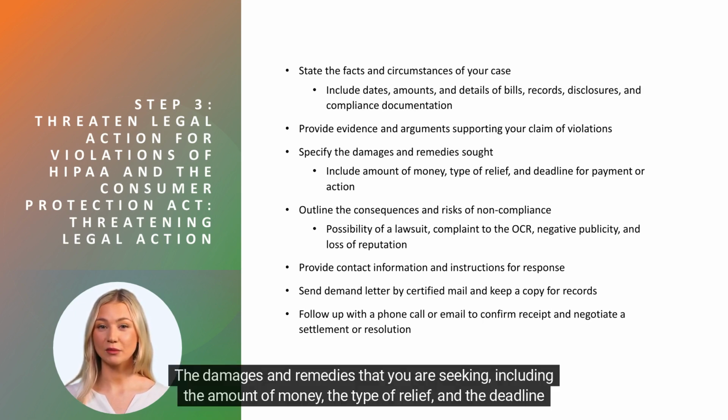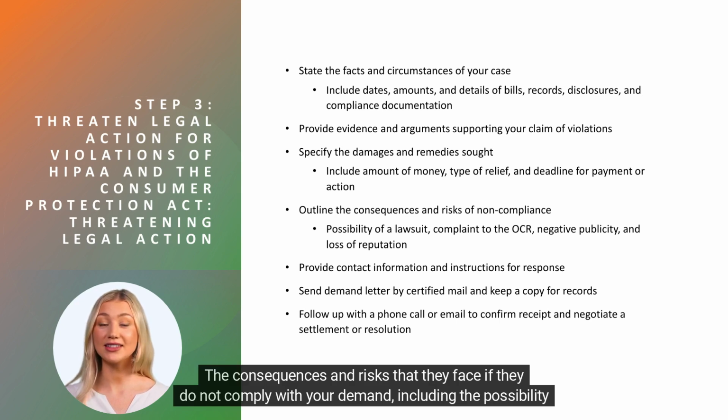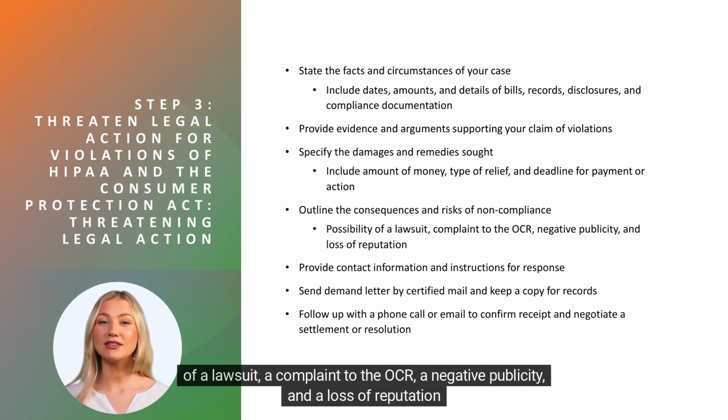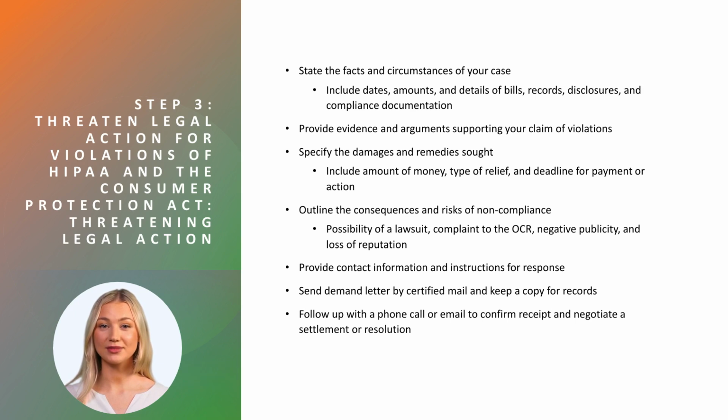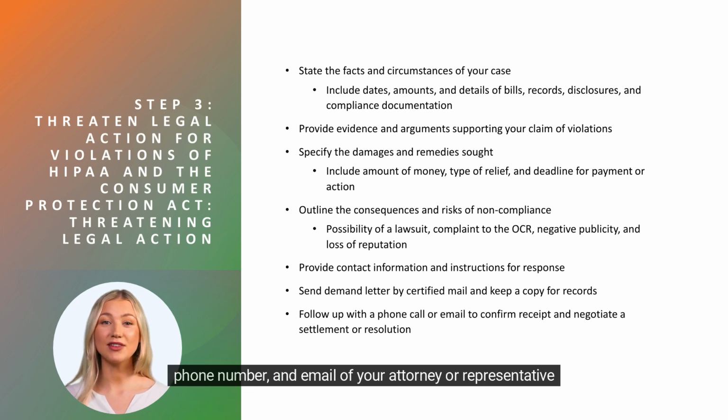The damages and remedies that you are seeking, including the amount of money, the type of relief, and the deadline for payment or action. The consequences and risks that they face if they do not comply with your demand, including the possibility of a lawsuit, a complaint to the OCR, negative publicity, and a loss of reputation. The contact information and instructions for how to respond to your demand, including the name, address, phone number, and email of your attorney or representative.